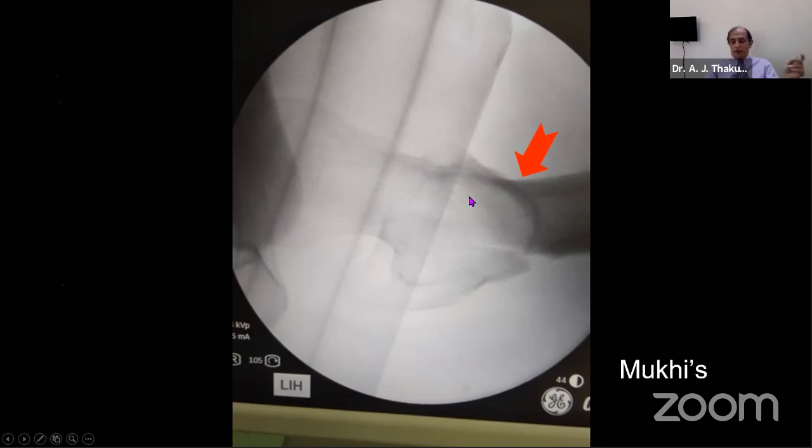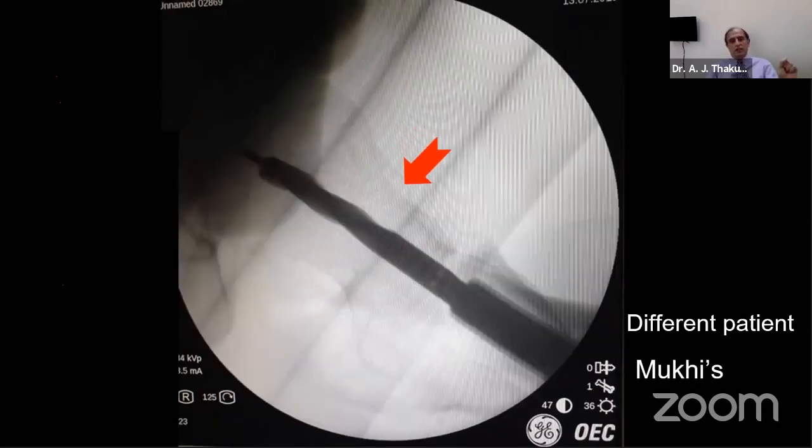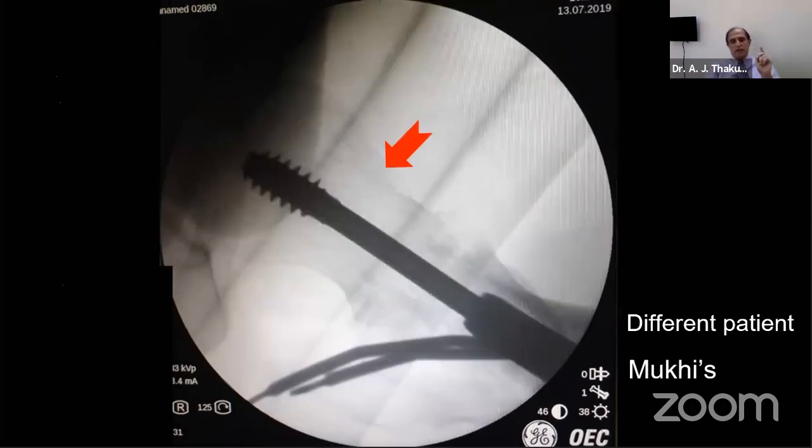At every stage of reduction in different patients, I'm showing that the line is continuous. Guide wire has been passed, a different patient, the line is continuous. Implant is going in, still the line is continuous. You have to check this line all the time when you are with the fracture because it tends to slip also. If it slips, take corrective action. But as long as this line is maintained, you are done.